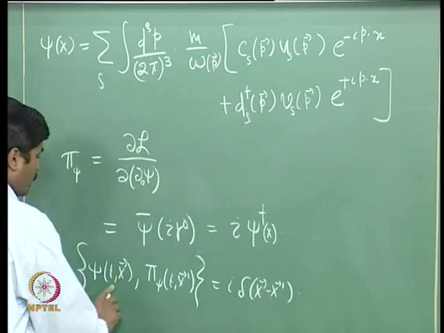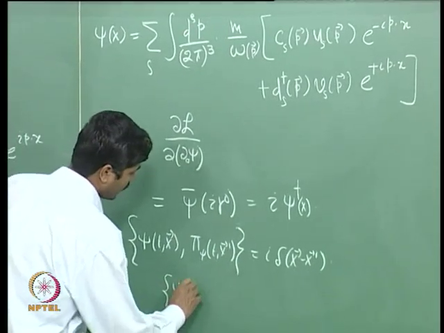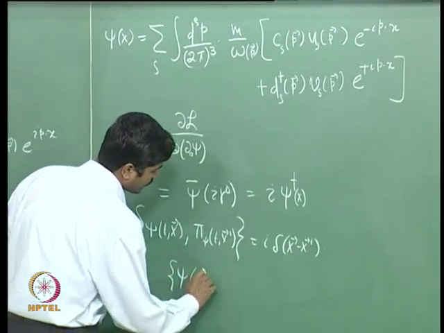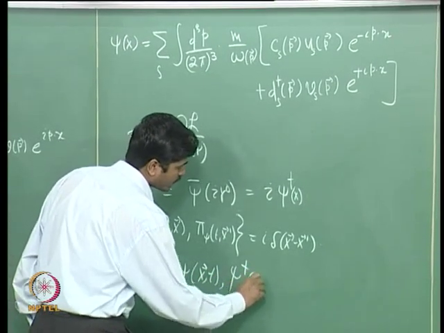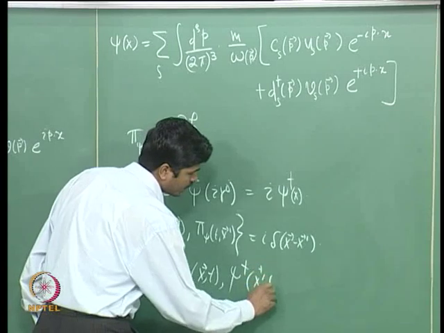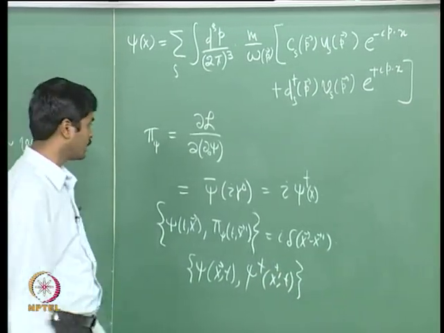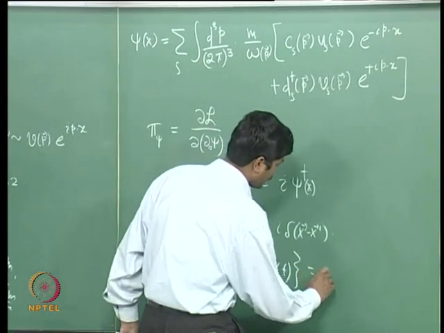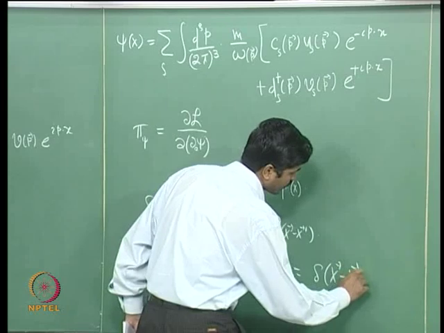So this amounts to saying that the equal time anti-commutation relation of ψ(x,t) and ψ†(x′,t) is given by δ(x − x′).